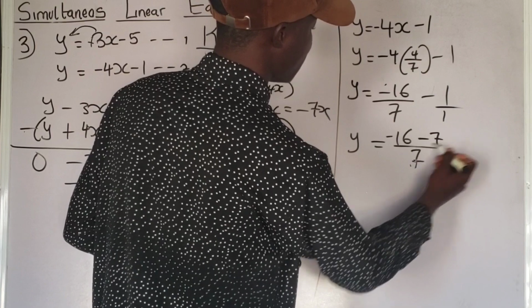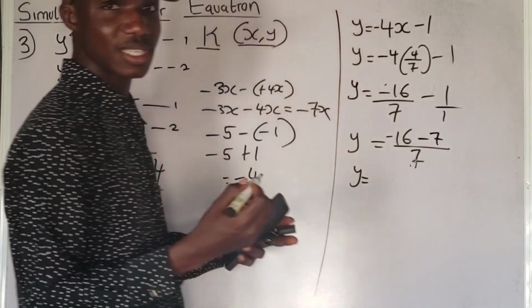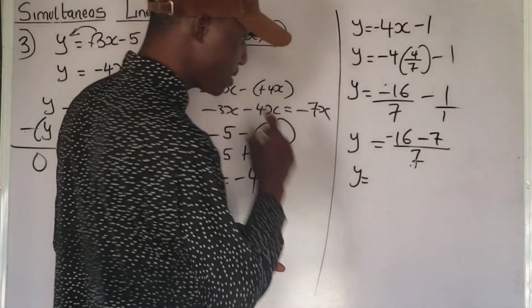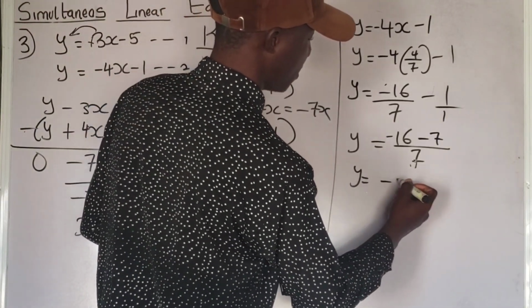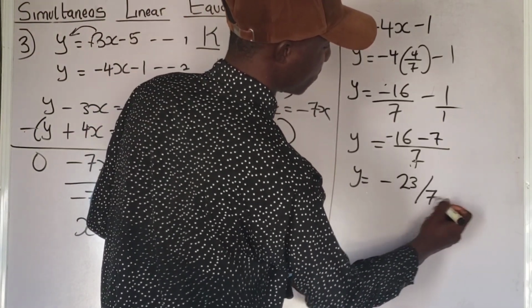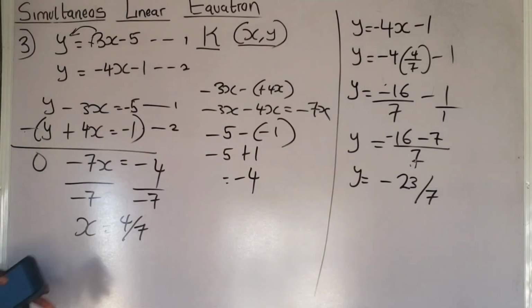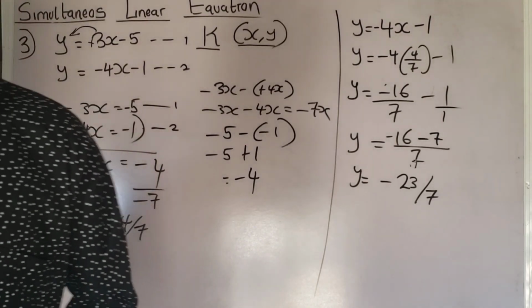So y equals negative 16 minus 7, that's negative 23 over 7. So the value of x and y is 4 over 7 and negative 23 over 7.